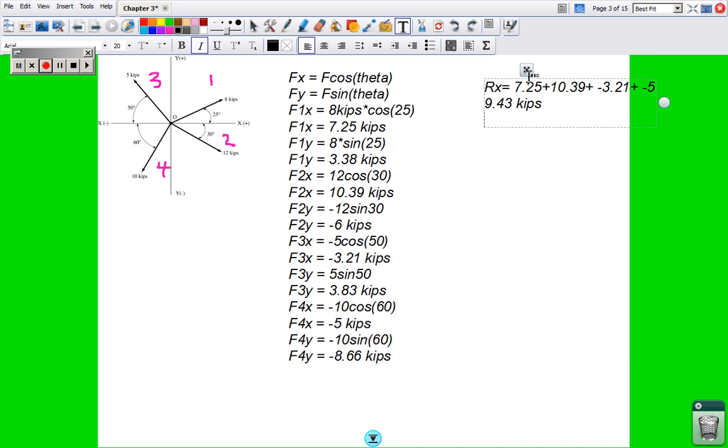Okay, Ry is going to be equal to 3.38 plus a negative 6 plus F3y is 3.83 plus a negative 8.66.